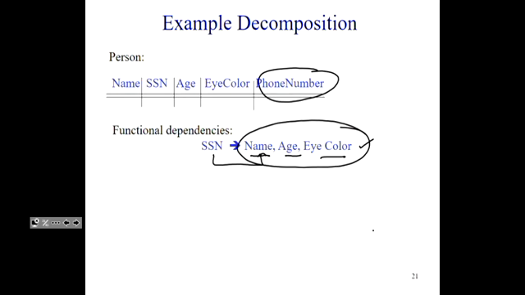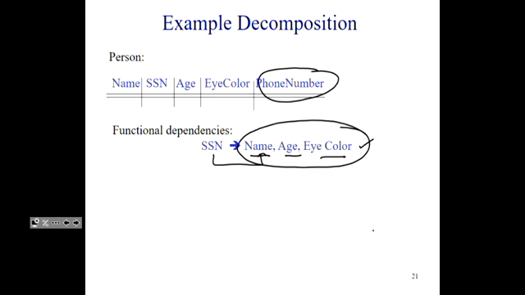Does that make sense? So once again, what is the definition of a key? A key is a set of attributes that determines all the other attributes. SSN helps you determine name, age, and eye color. Correct? So since SSN helps you determine name, age, and eye color, what is the remaining attribute apart from these four attributes? Well, there's phone number, right?